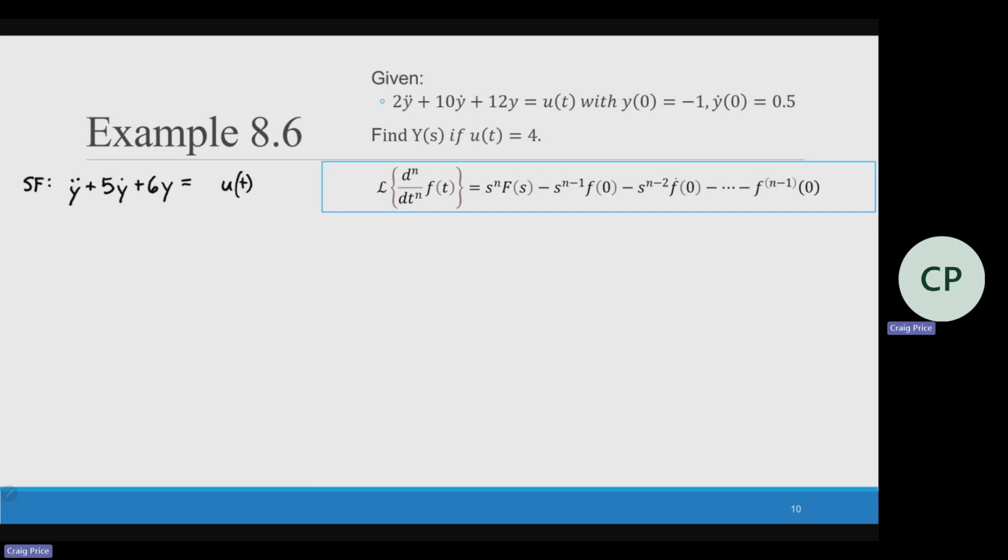Oh yeah, we should divide the other side by 2 as well. You're right. Okay, so here's my standard form.